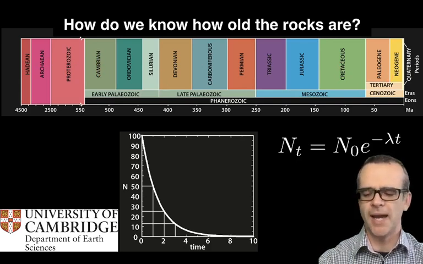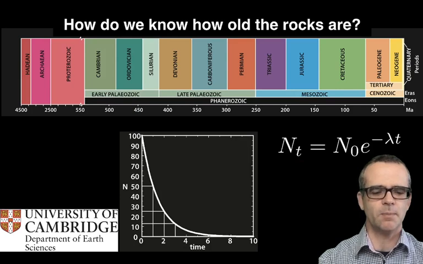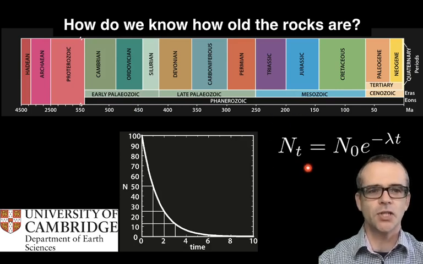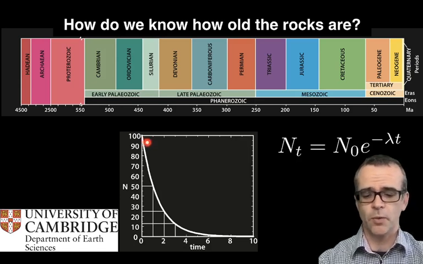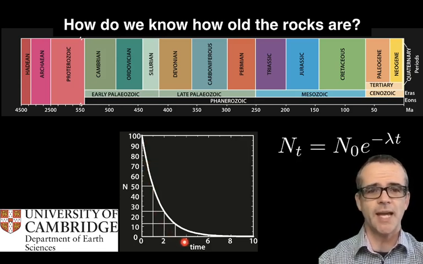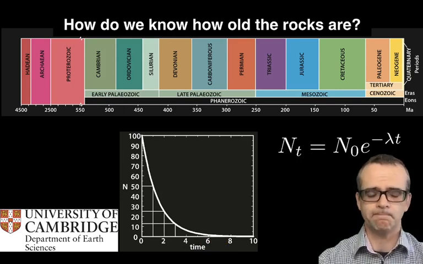We don't need to worry about that. The point here is that we know these ages through radioactive decay. Radioactive decay is a very simple thing which you may have come across at school already, or may well come across in your next year of school, where we're just dealing with an exponential decay of a radioactive parent to a stable daughter, more often than not.